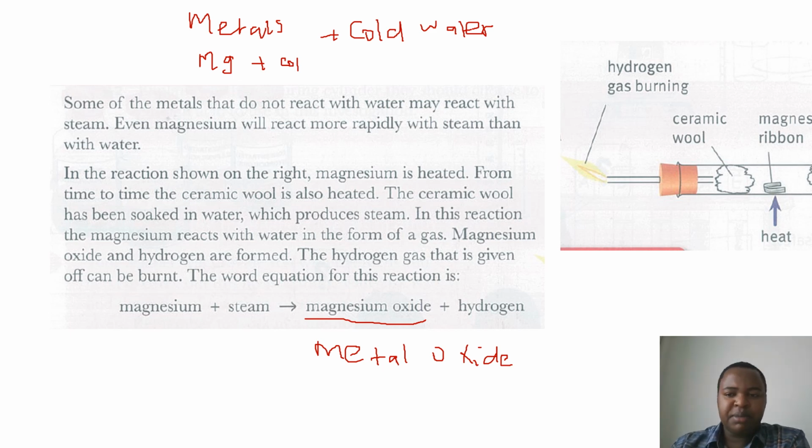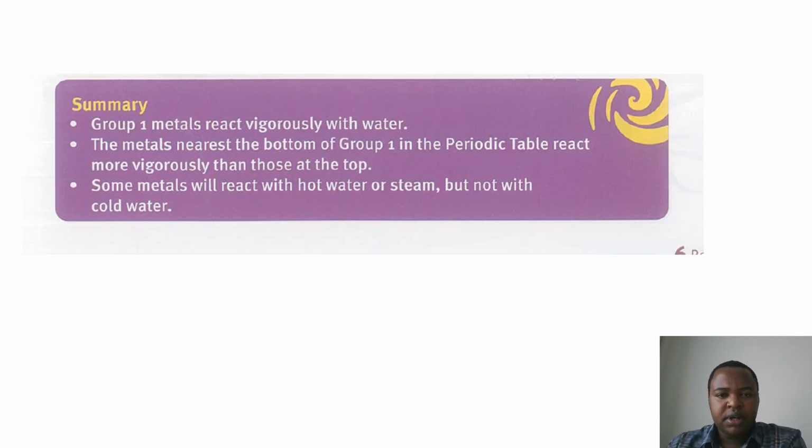Okay, I'll give a summary at the end of how metals react. So this is the brief summary of what we have talked about on reactivity of metals with oxygen and water. Group 1 metals react vigorously with water. The metals near the bottom of group 1 react more vigorously than those at the top.